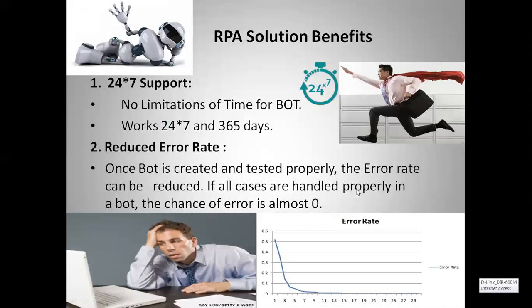So if all the cases are handled properly in a bot, the chance of error is almost zero. Whereas if there is work pressure on the employees, there is a chance of making mistakes. There is a saying in English that to err is human. That means we tend to make so many mistakes. One mistake would lead to a lot of mistakes, right? So that will be a cost to the company, right?